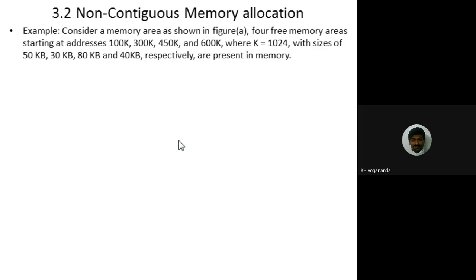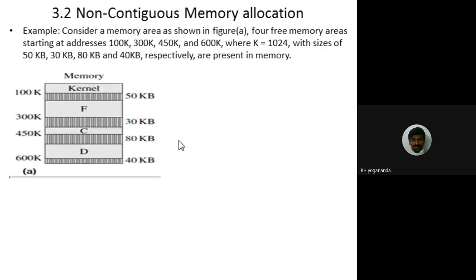We use the terms 1K, 2K, 3K. So here K is equal to 1024, not 1000. In computers, K means 1024. Don't mistakenly write it as kilo, 1000. It is 1024. This is the memory area having 4 free memory spaces where their starting addresses are 100K, 300K, 450K, 600K.